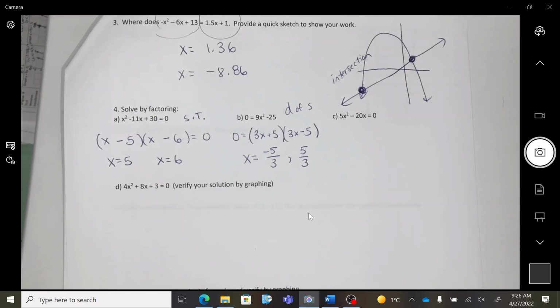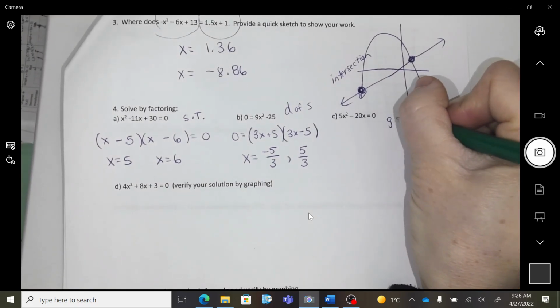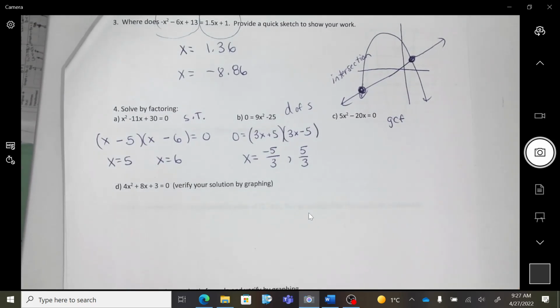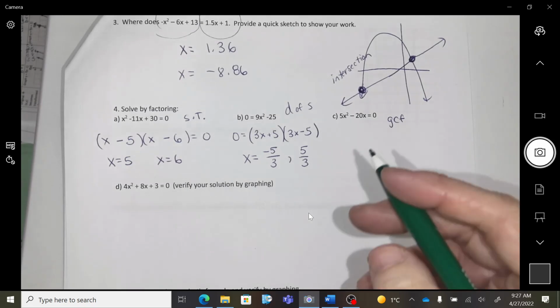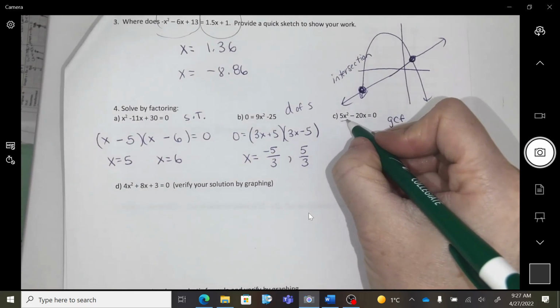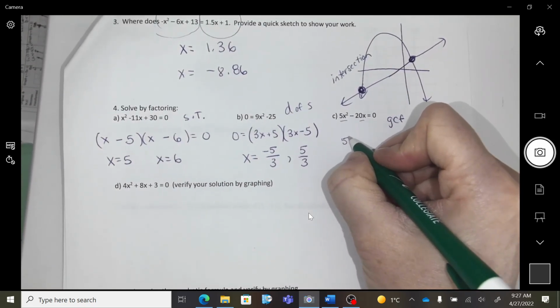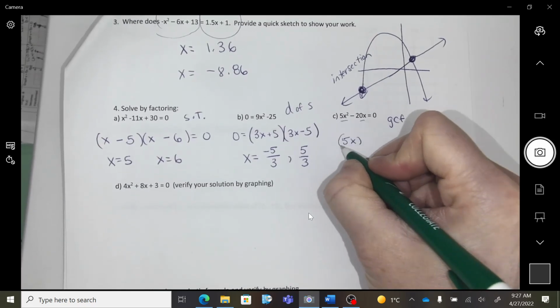Okay, C is a GCF. Greatest common factor. So I'm going to say, what can I take out of each term? Each term is divisible by, I could take out a 5 and an x.